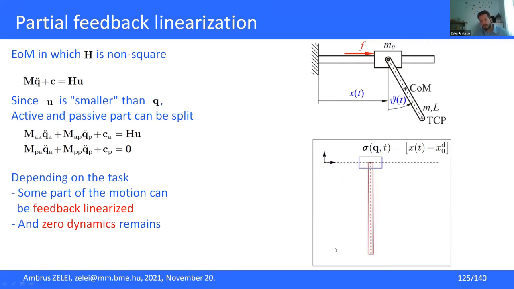But the swinging motion of this pole will represent the zero dynamics, let's say, so we don't have direct effect on this, and my whole control system will be stable if the zero dynamics is stable in itself.